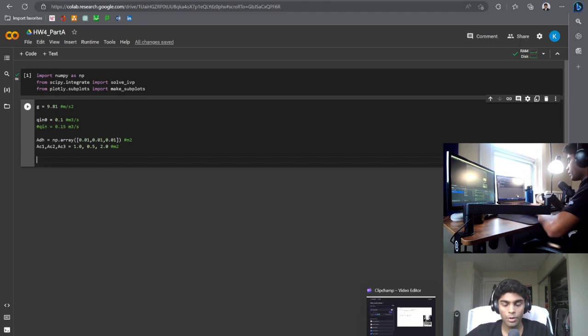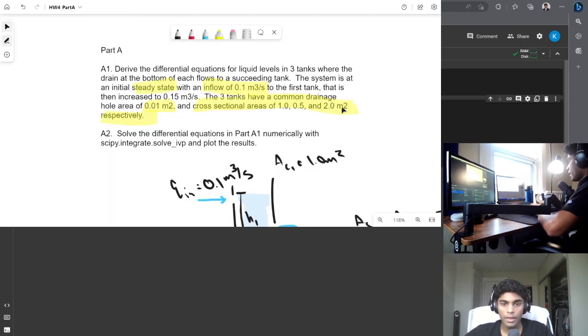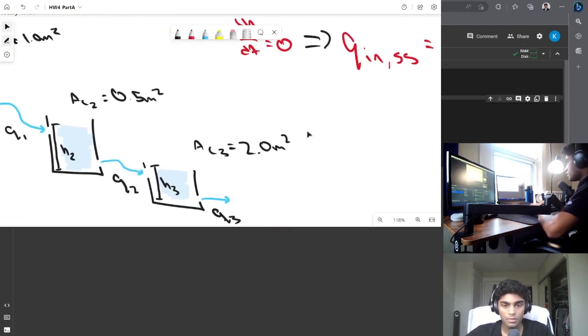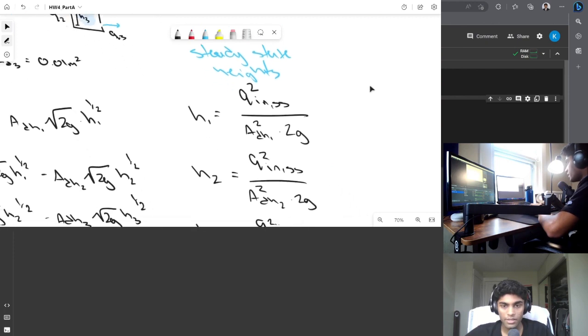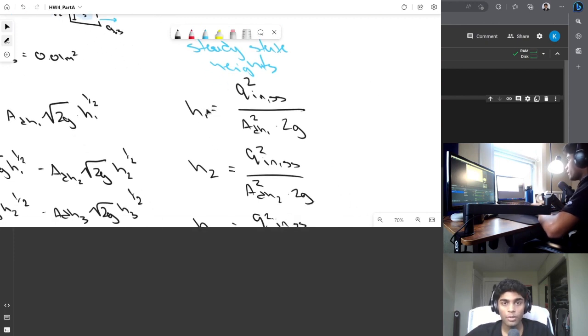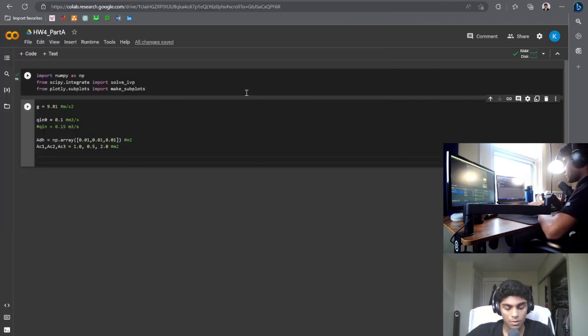And another thing we can put in here now is that initial height, our steady state height. And if you remember, that is the flow in at steady state squared over the area of the drainage hole squared times 2g. So let's go ahead and go height initial, height not.